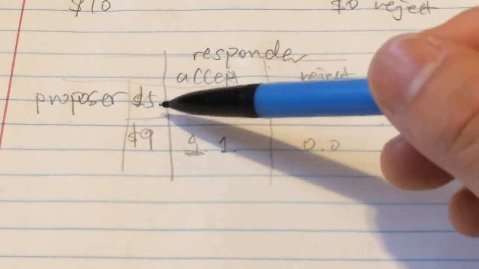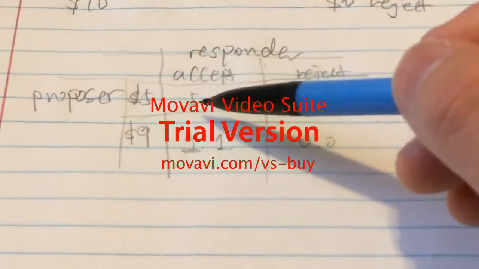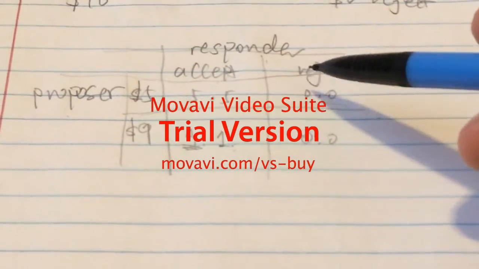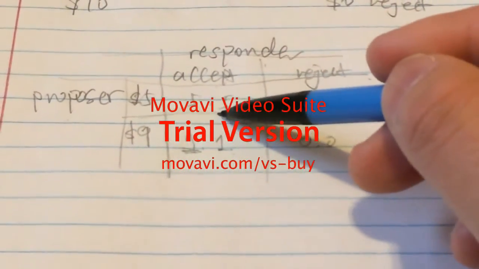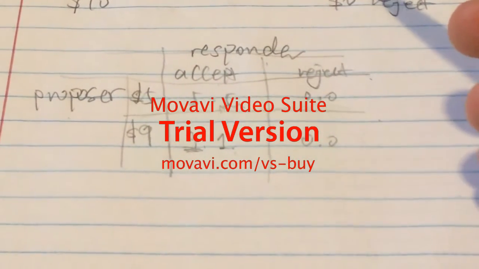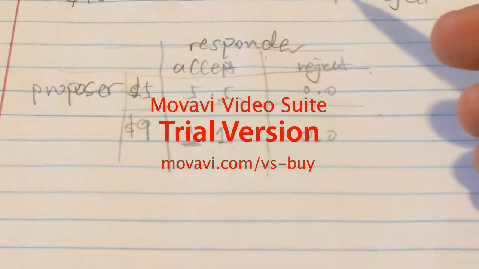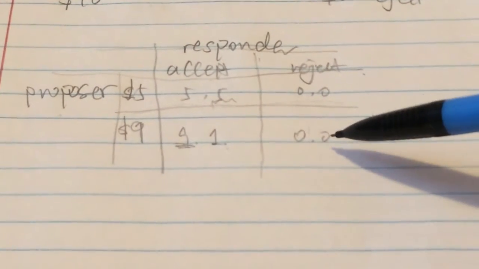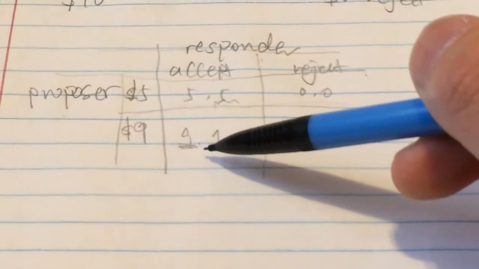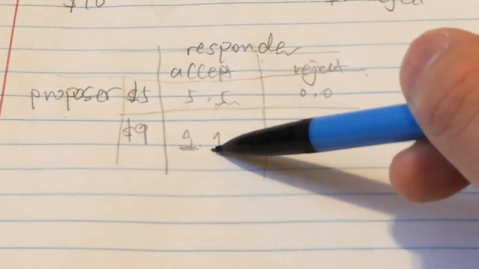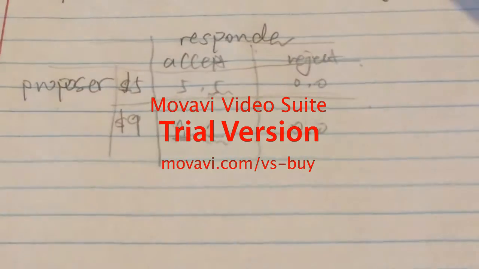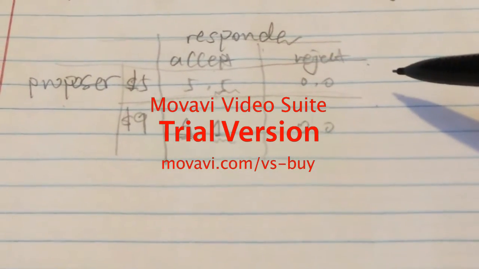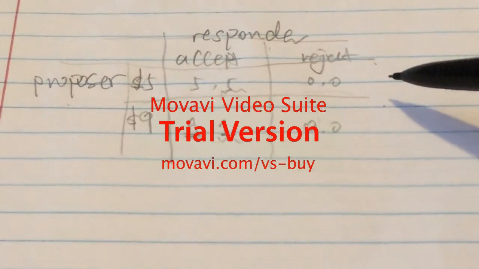And if the proposer is going to offer $5, then the responder's preference is to accept whatever amount of money the proposer offered. And if the proposer offers $9, the responder should still prefer to accept, because there's a higher payoff than rejecting the plan.